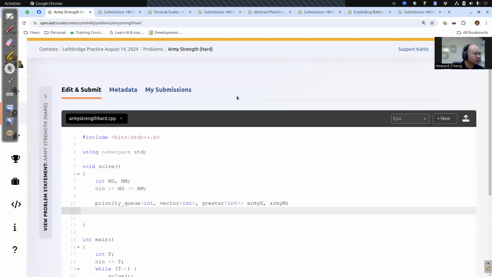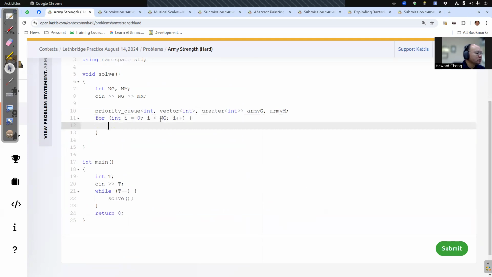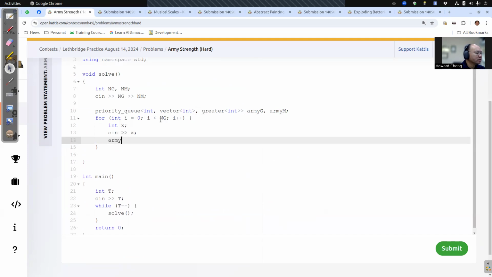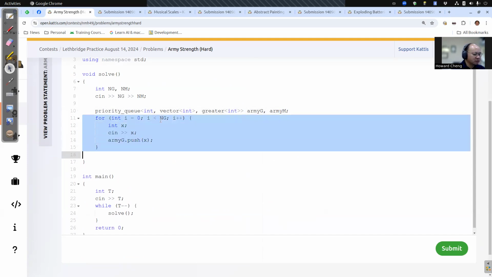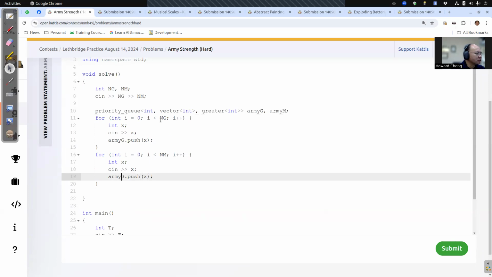Okay, so then I read: for int i equal to 0, i less than NG, i plus plus, int x, cin x, and then army G dot push x. And then I do the same thing for the other. I probably could have written this in a function, but anyway, I read into the two.